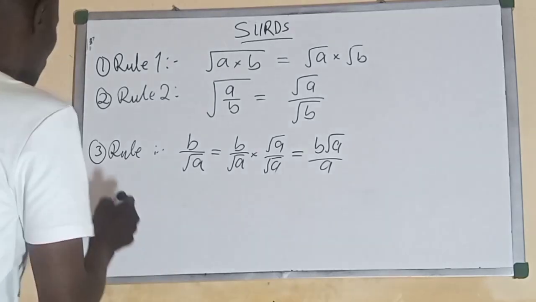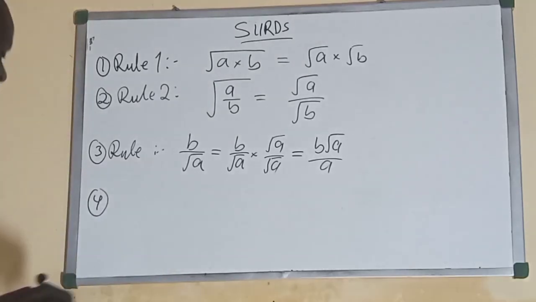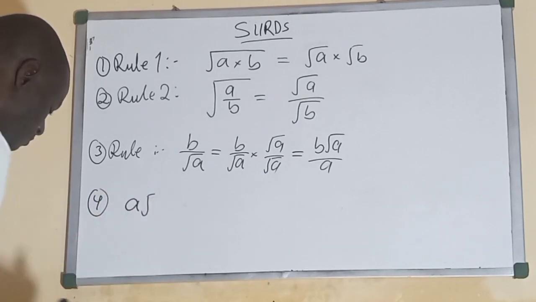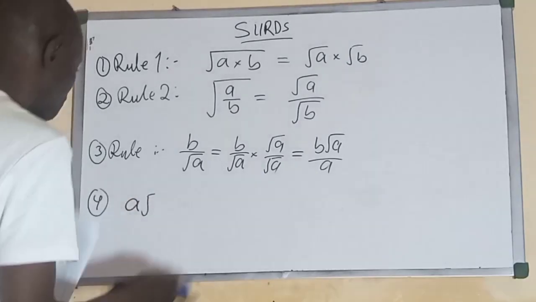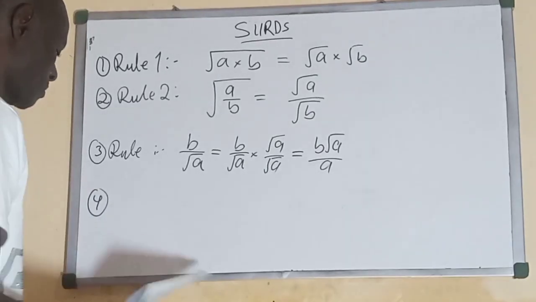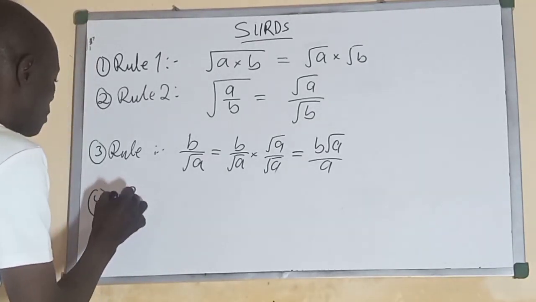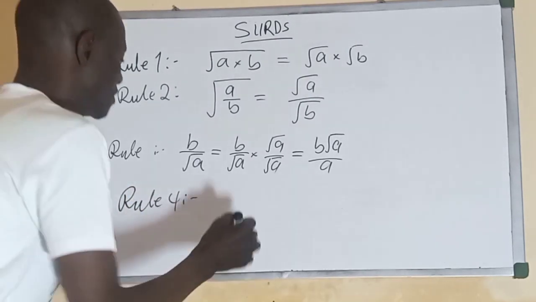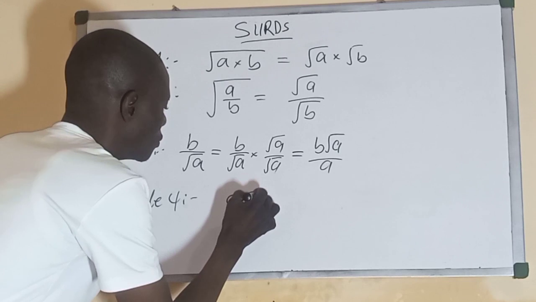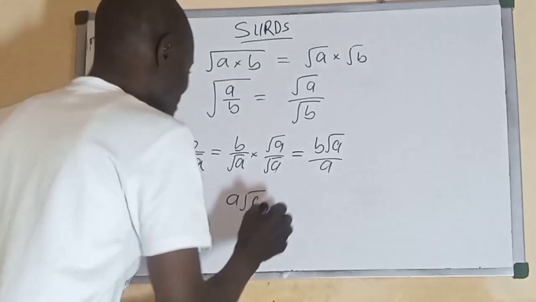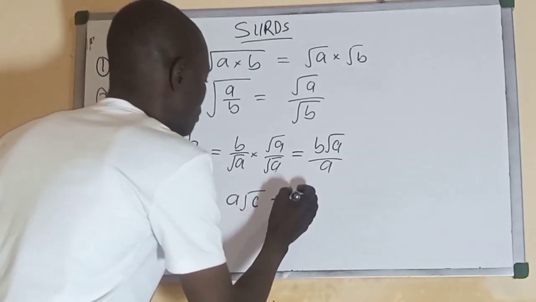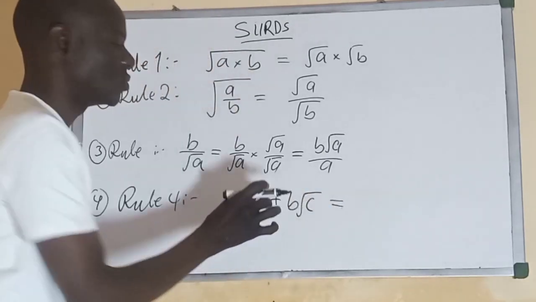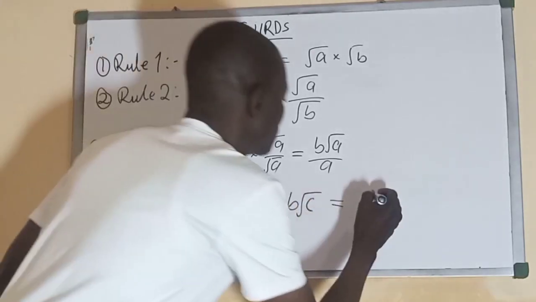Rule number 4 says a root c plus or minus b root c is the same as, you factor out one of the surds.